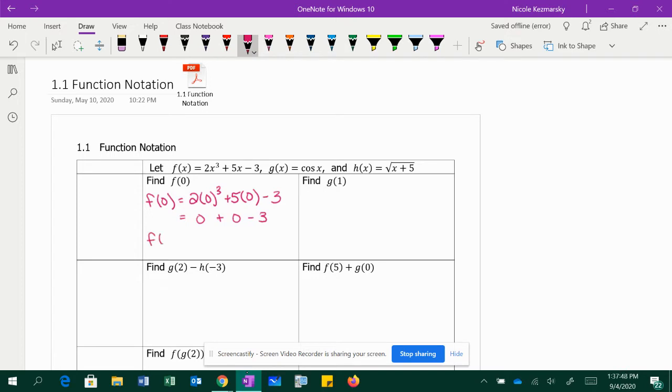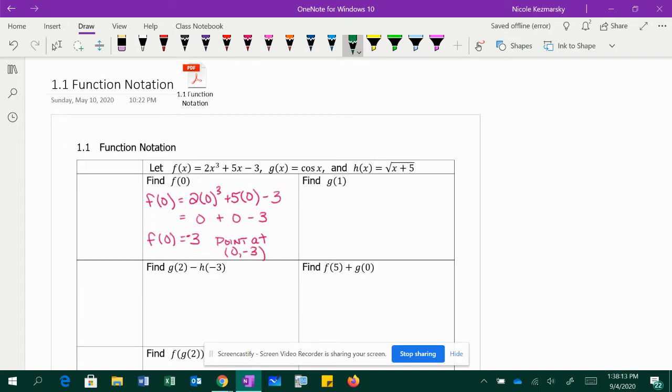So f of 0 is negative 3. This is a point on this function. So this means that one of the points on the function could be graphed as 0 comma negative 3. So we could say point at 0 comma negative 3.